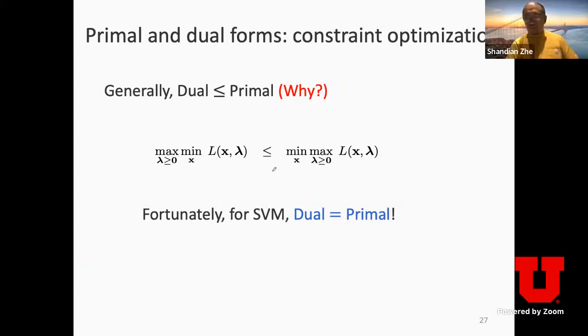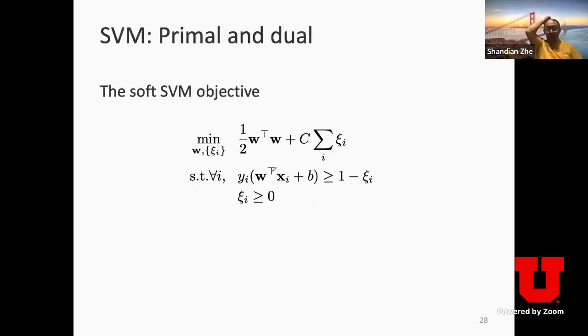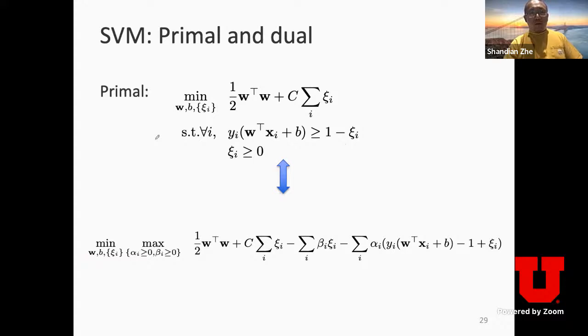Okay, so now let us look at the primal form and dual form for SVM and see what kind of interesting thing we can find by solving the dual form. First, this is the primal form.